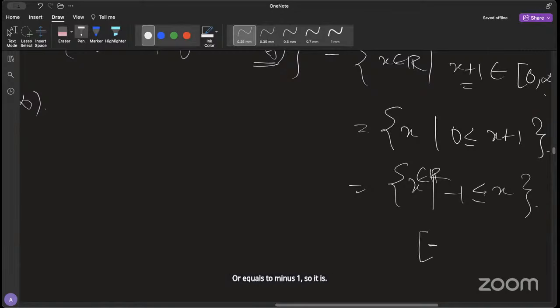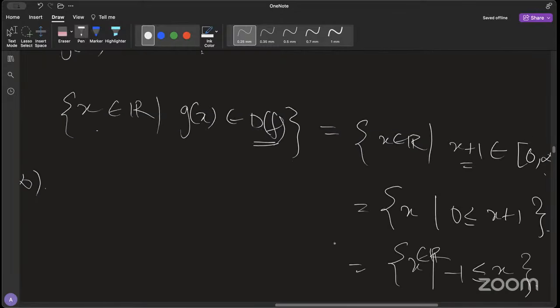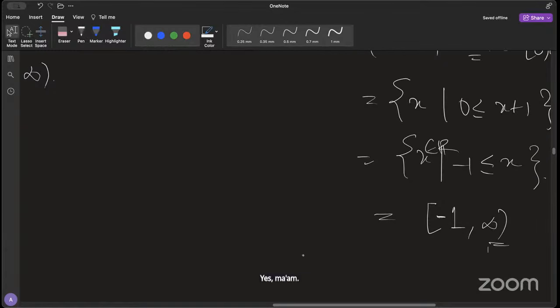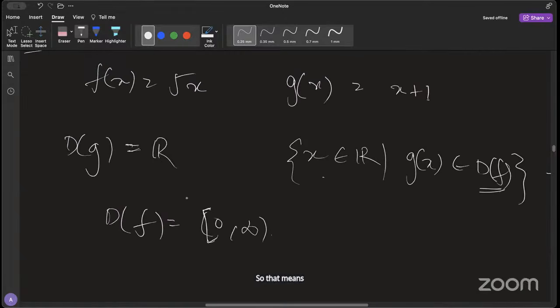So x greater than or equal to -1 means this thing, right? So this set is the same as this interval. Is this fine so far?